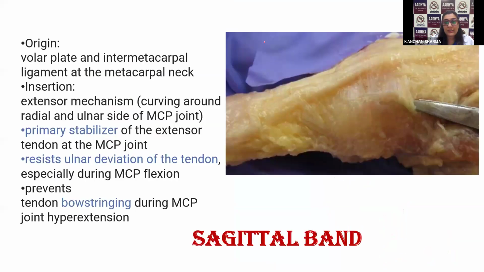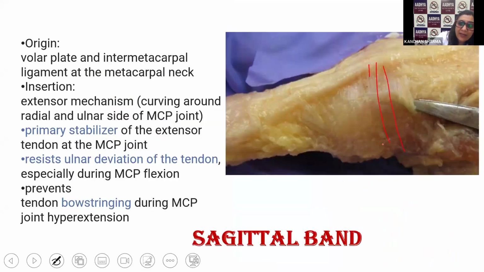Okay. So if you see these pictures, they are the bands. Okay. They will be holding this tendon in place. And if you have a problem with that, this tendon will not be going exactly over it. Okay. If all of you can flex, you will see that there are slips which you are able to see over your knuckles.